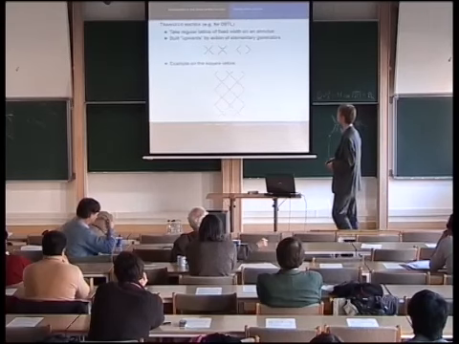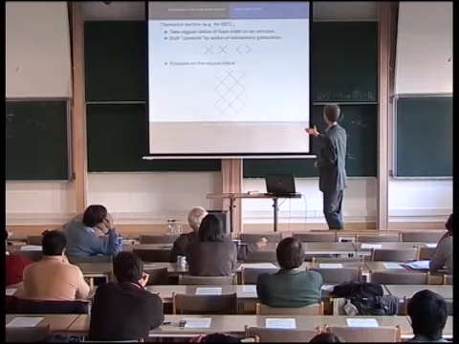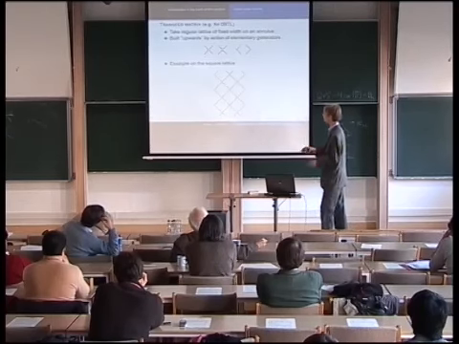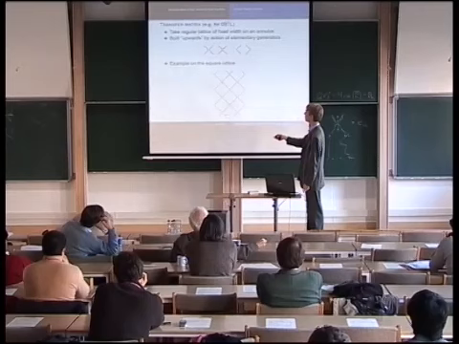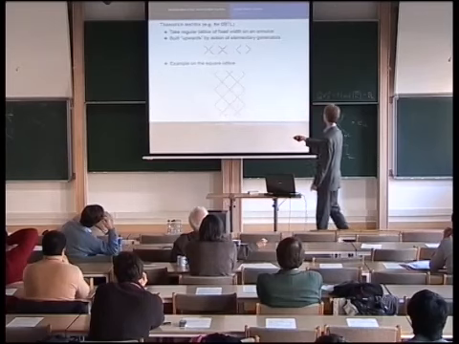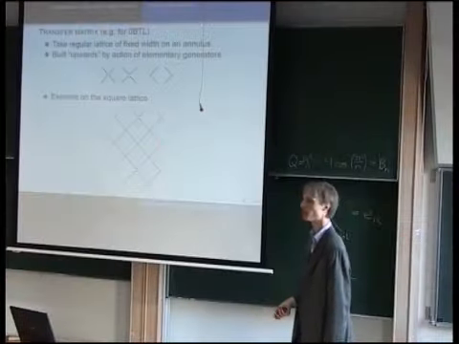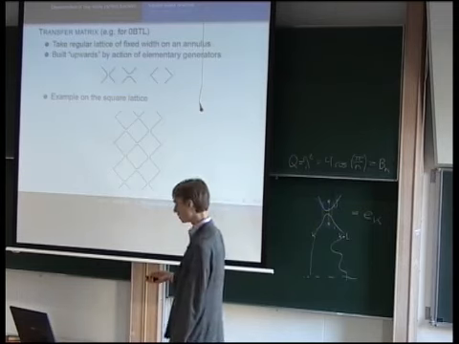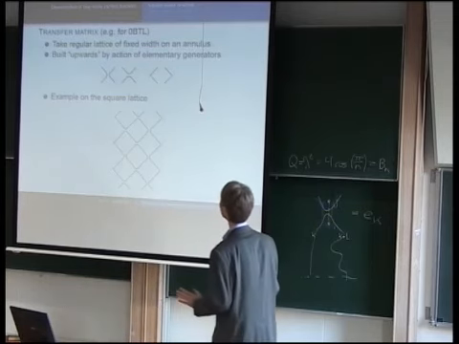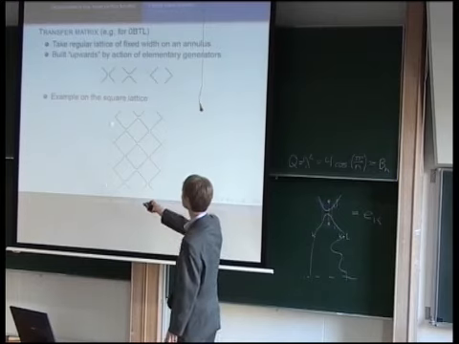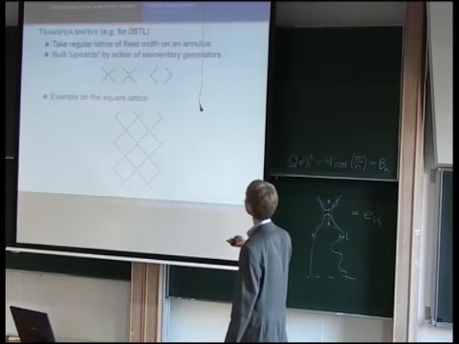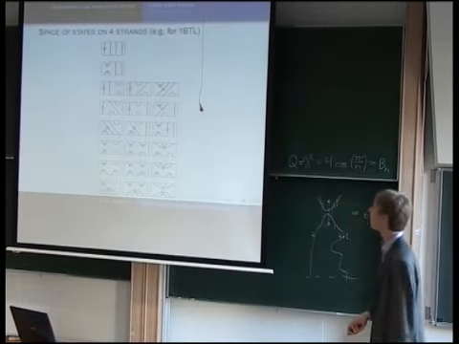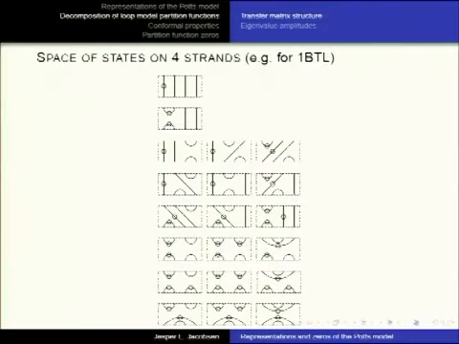Okay. So my transfer matrix now has to act on all pairings of 2L points here respecting planarity. And just to show you what that would look like if I also distinguish the left boundary, here's a complete list of the states on 4 strands where the left boundary has been distinguished.